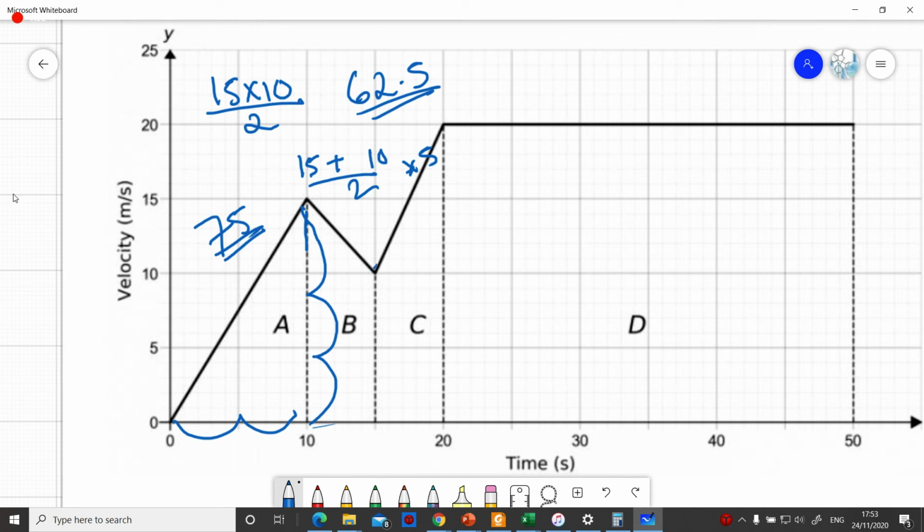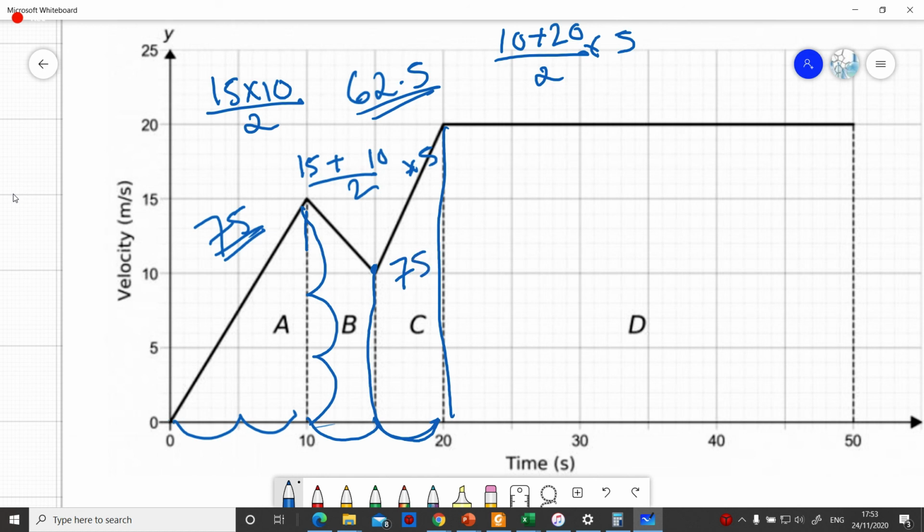And then another trapezium, this time we have a height of 10 and a second height of 20. So that's 10 plus 20 divided by 2 times 5, the height at the bottom, since it jumps 15, 20, so each box is 5. 30 divided by 2 is 15. 15 times 5 is 75.